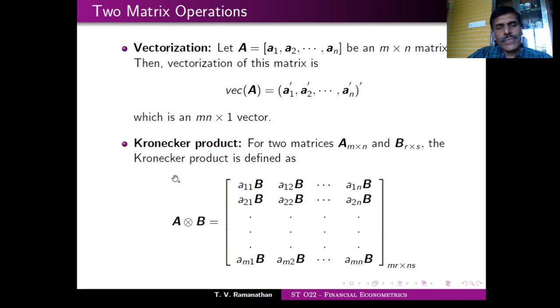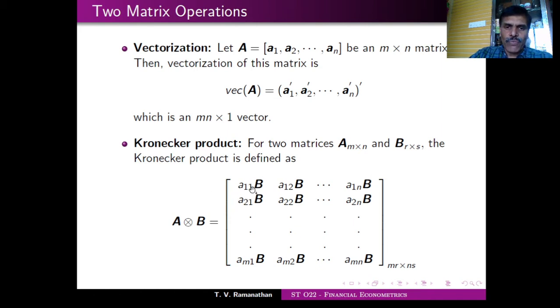Then another notation which we would like to learn is what is known as Kronecker product. So suppose A and B are M by N and R by S matrices respectively. So A Kronecker product B is nothing but each element of A is multiplied by the matrix B, all the elements of the matrix B, and then you just place that there.